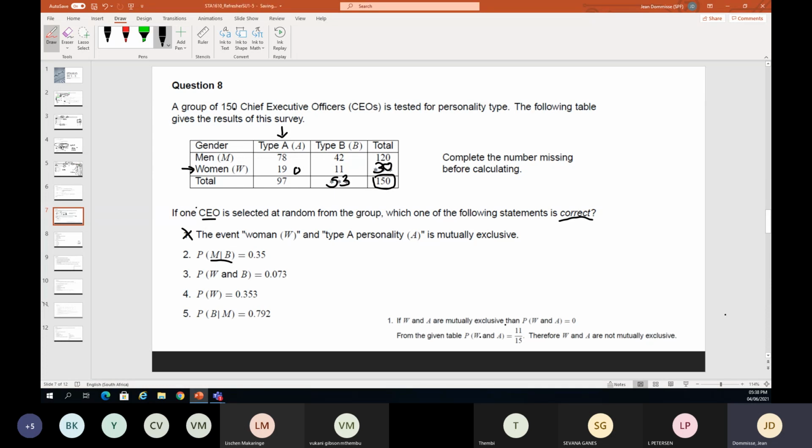So what is the probability of men given type B?